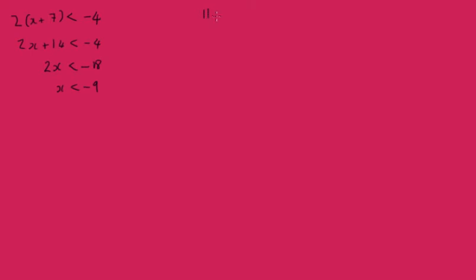And we can do something like this, 11 minus 2x is greater than or equal to 5. I'm going to take 11 away from both sides, giving less than or equal to minus 6. And now we're going to divide both sides by minus 2.